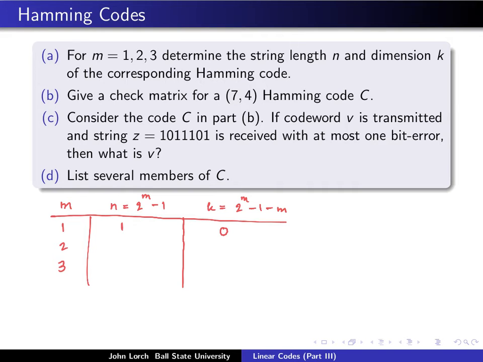Well, it would be 3. Right? And then k is 4 minus 1 minus 2, which would be 1. And then when m is 3, n would be 7. And meanwhile, k would be 7 minus 3, which is 4.